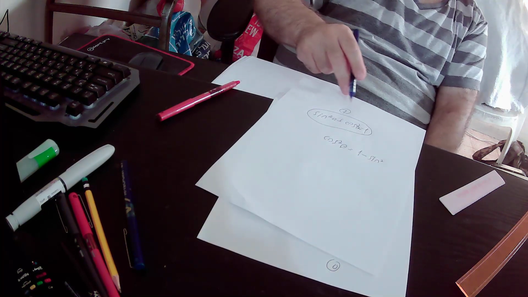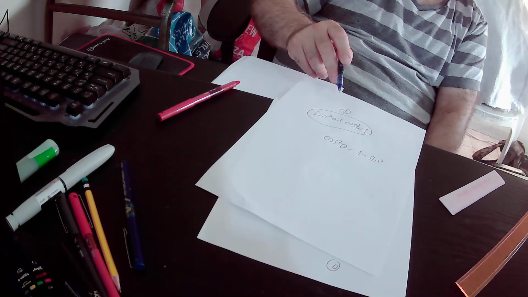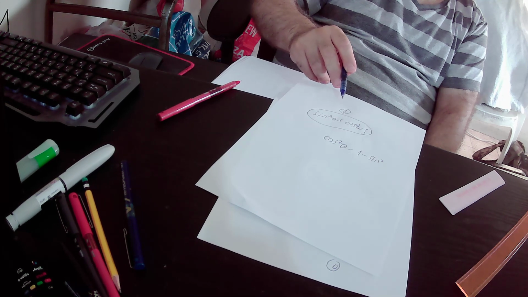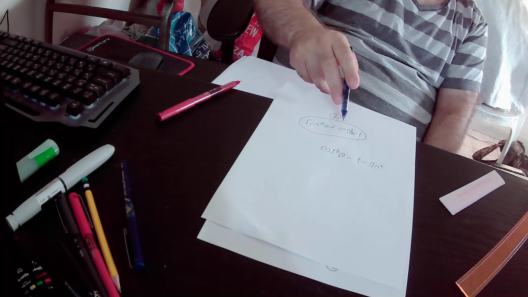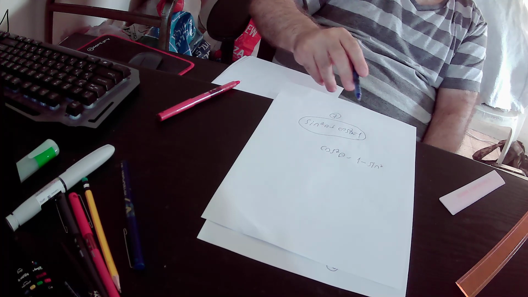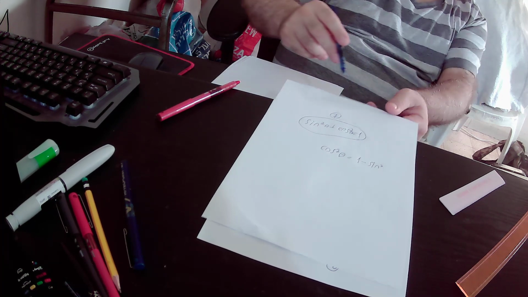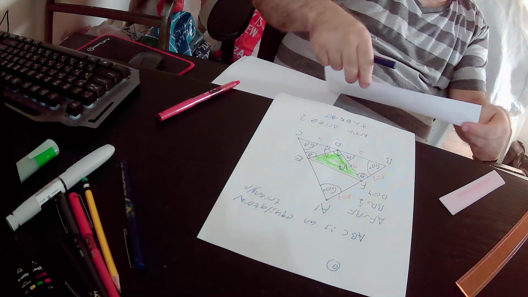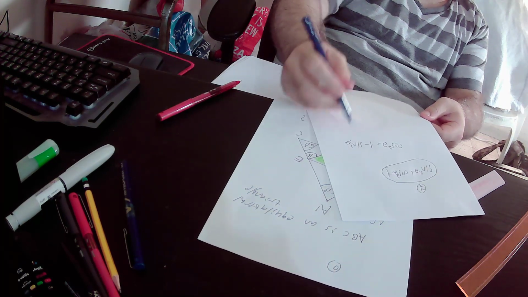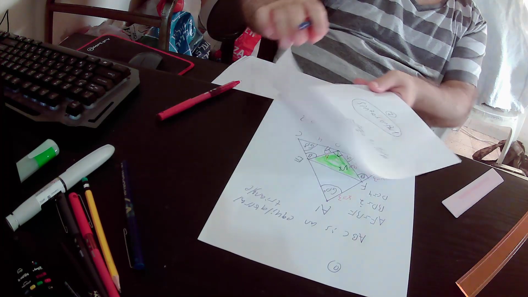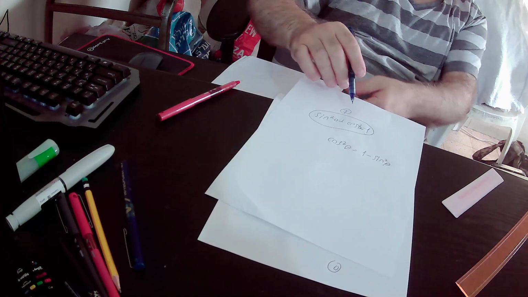From this equality we subtracted sine theta squared, so we got that cosine theta squared equals 1 minus sine theta squared. And from this equality we can take a root.